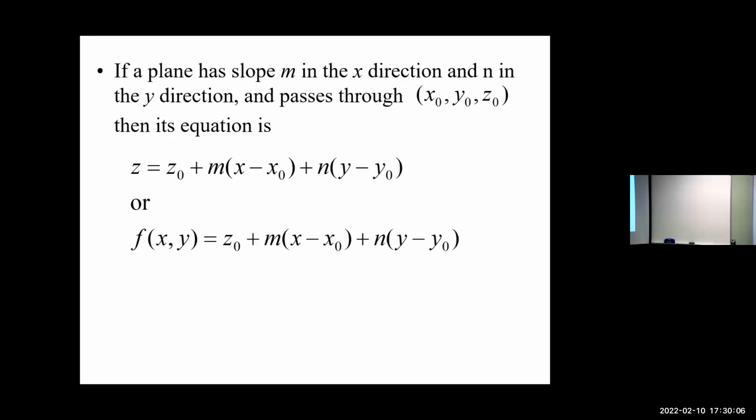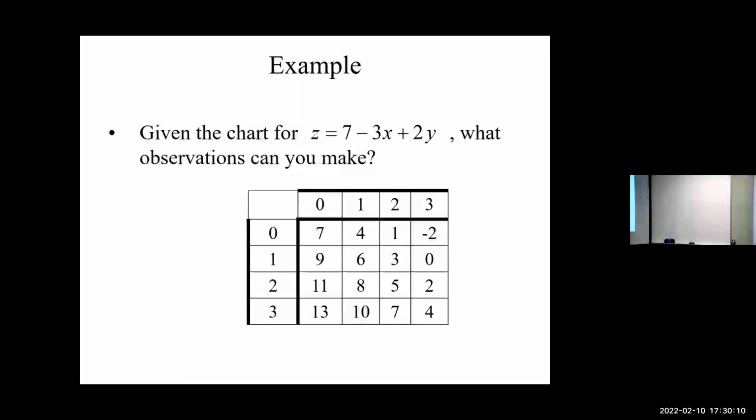Now, here's something I want to show you. This is the table for this linear function. So we know that the graph of this is a plane. It is a linear function in 3D. What kind of observations do you make about this table? What patterns do you notice? Down 3. Is there anything in the equation that would have told us that without the table?